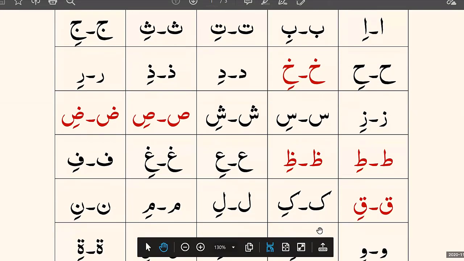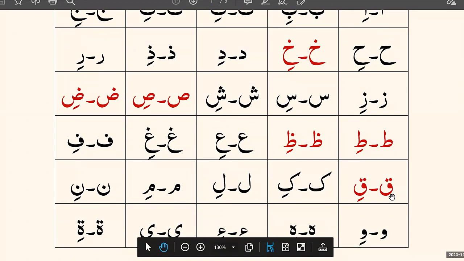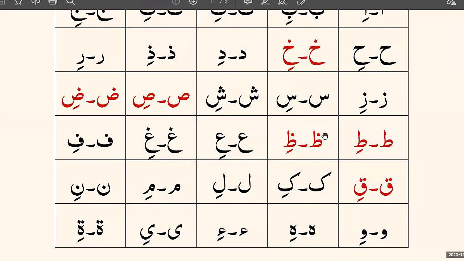Qaf again is a thick letter. So far, Kha, Sad, Dad, Ta, Dha, these are the four letters in continuation, and the final letter is Qaf. Okay, and Ghain as well. Inshallah ta'ala, we will highlight this one.